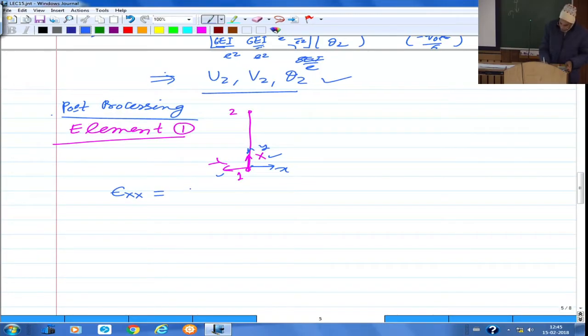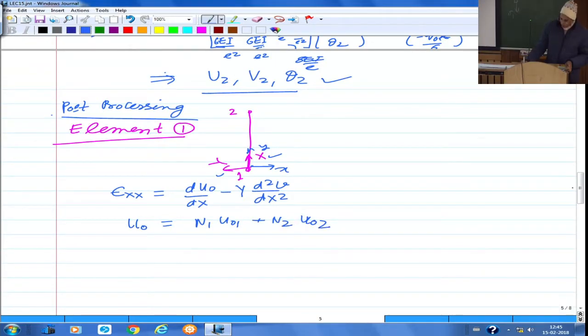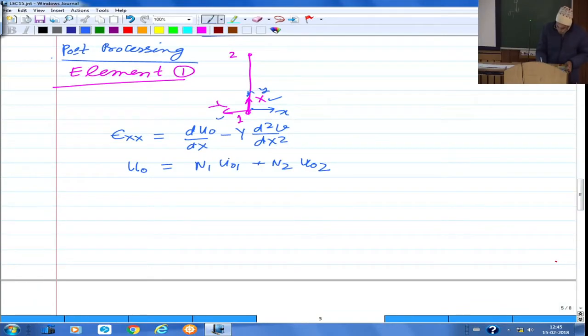As per the derivation we did, this is du naught by dx minus y times d2v by dx square. And what is u naught in the local coordinate system? This was N1 into u naught 1 plus N2 into u naught 2, where please see that this is a small u naught 1 and this is small u naught 2.